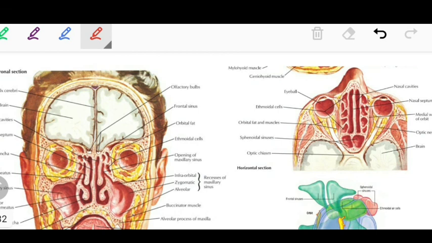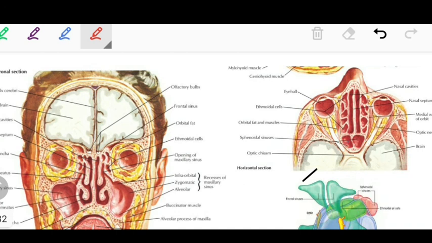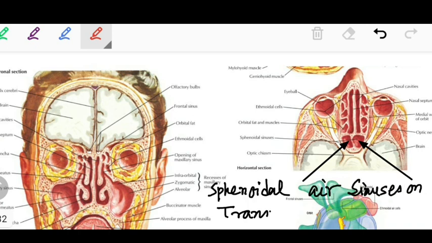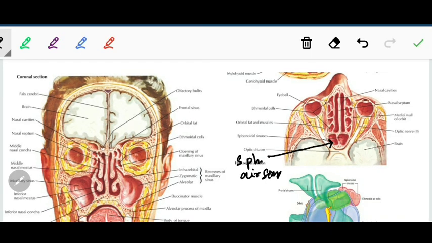If we take a look at the horizontal section of the sphenoidal air sinus, let me show you. You can see that in transverse section there are two of them located deep inside the skull.